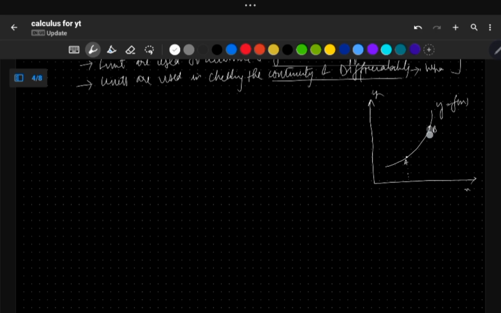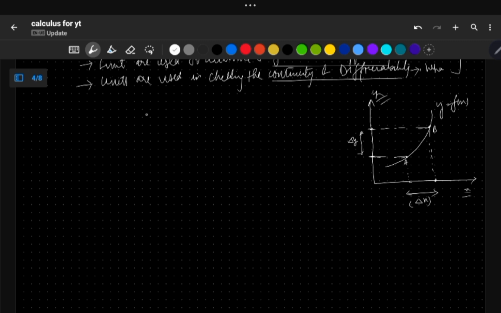If we mark the perpendicular distance from the curve to the x-axis and y-axis, we can get values on the axes. This is nothing but change in x, and this is nothing but change in y.